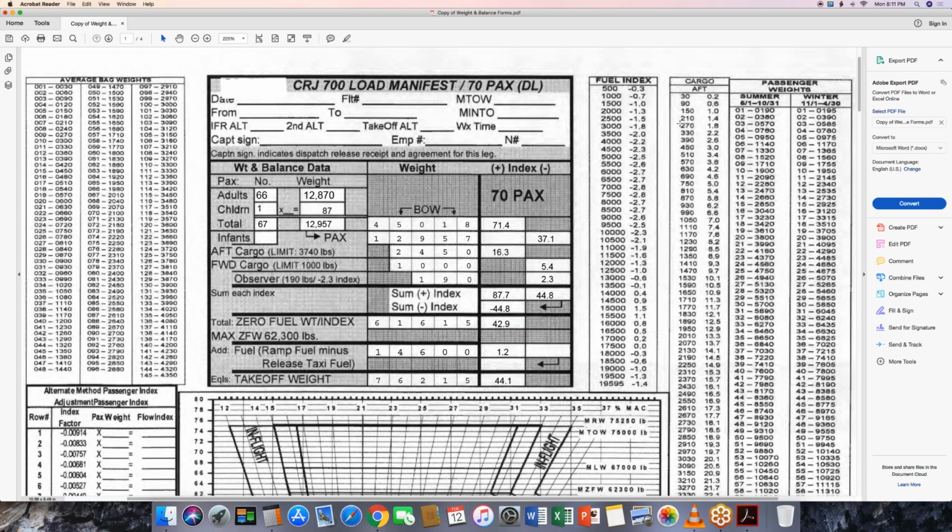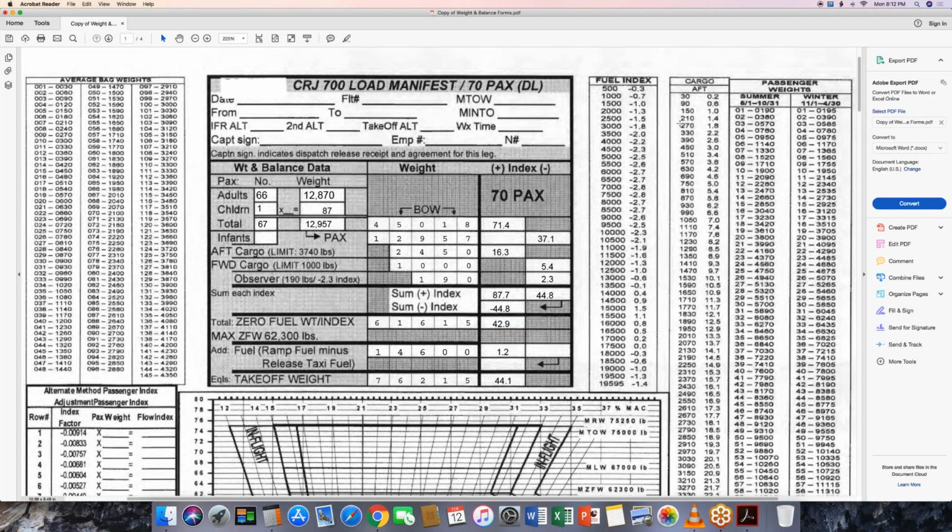Complete it the way that it's planned, because say it is a passenger weight issue that makes the flight not legal to dispatch. He's going to ask you, okay, what do you weigh? He's looking for why it isn't legal to dispatch. And if you just say, well, it's overweight, that's not good enough. He wants to know, how much overweight is it?